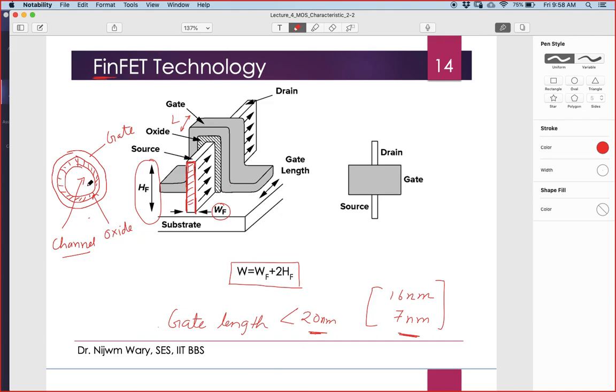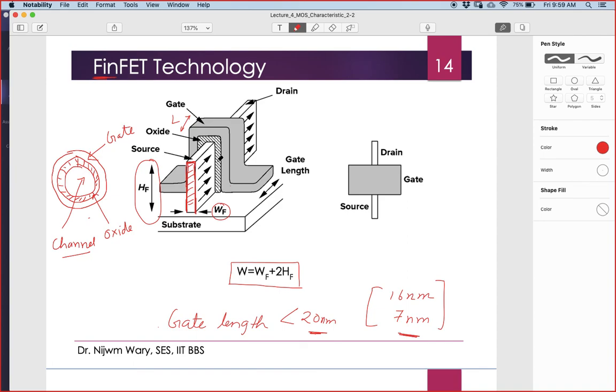As people try to go for very small, less than 5 nanometer, they are thinking about this kind of structure, but it is not yet at the product level. FinFET has started in production, so all the new processors use it.